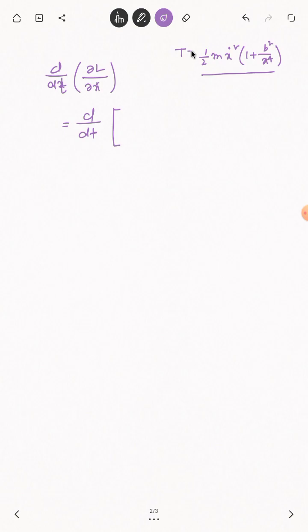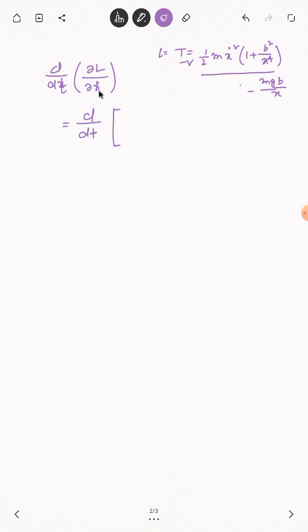This is for T, and obviously V is there, so L will be T minus V. V is also given, so V will be minus mg b by x.